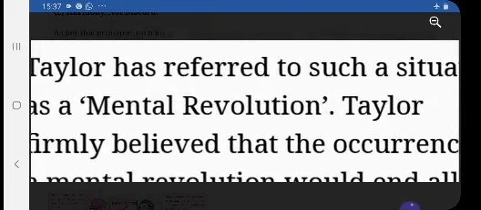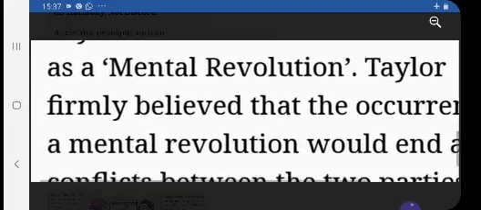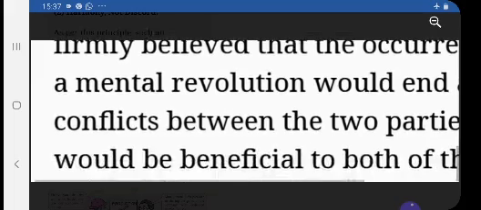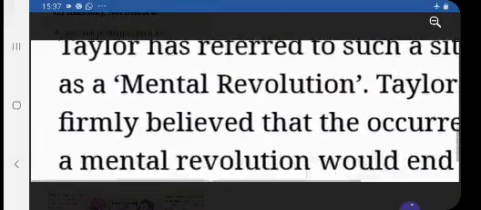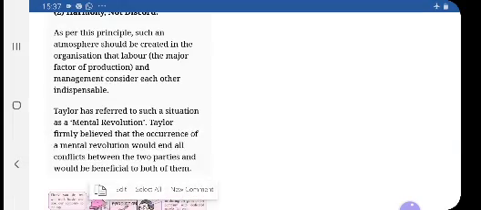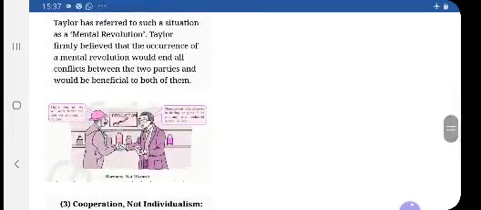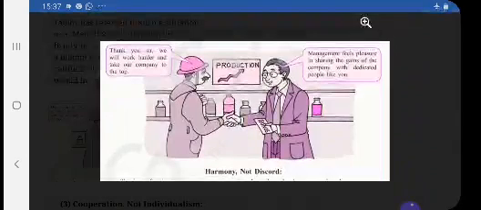Whatever plan is made by top level management would only be meaningful if it is executed by the workforce. So workers and management should work in cooperation, and there should not be a conflict. So this mindset has to be changed. See the picture. This will make the meaning very clear.